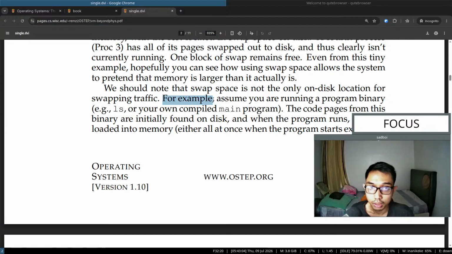We should note that swap space is not the only on-disk location for swapping traffic. For example, assume you are running a program binary, for example ls, or your own compiled main program.